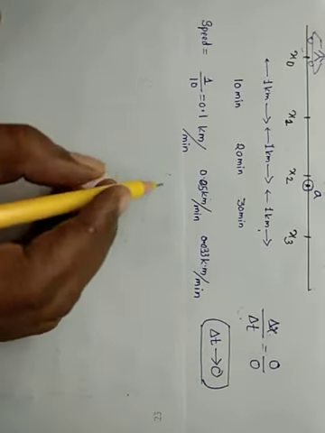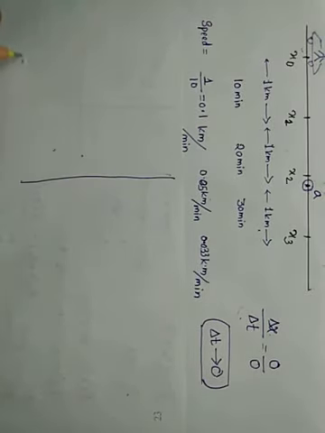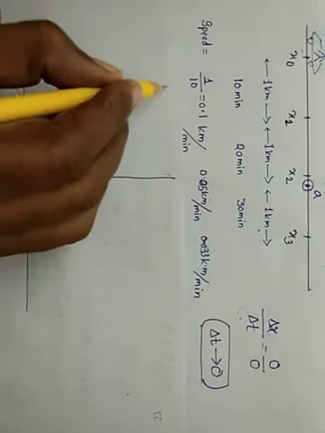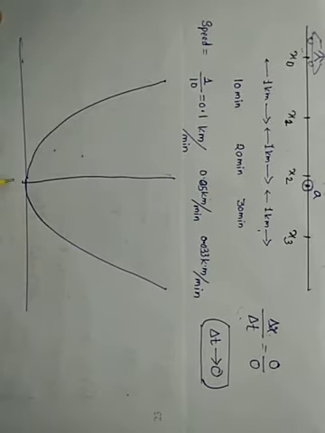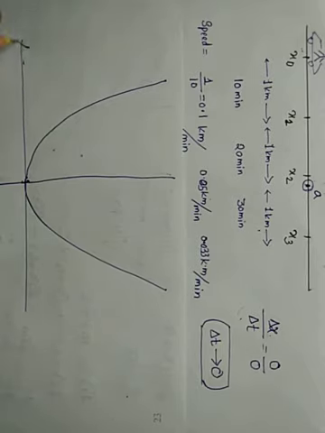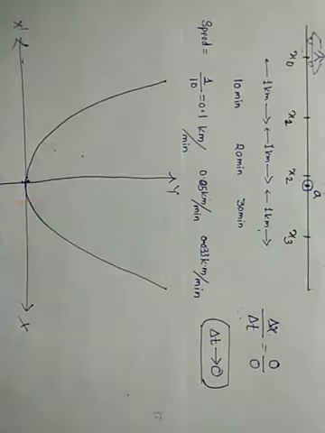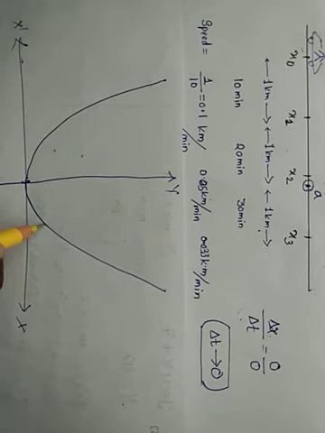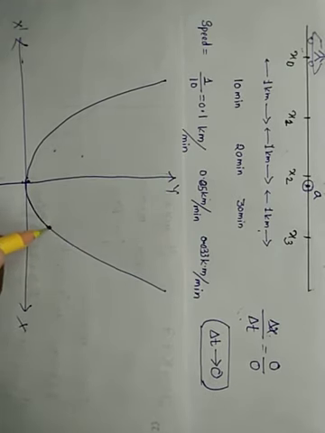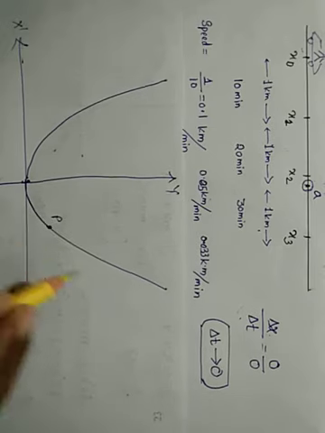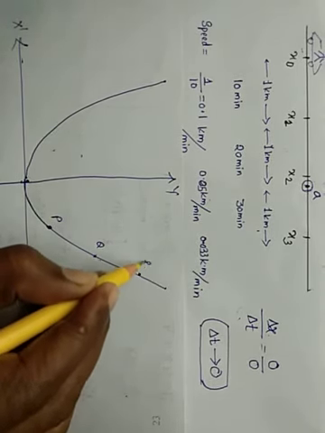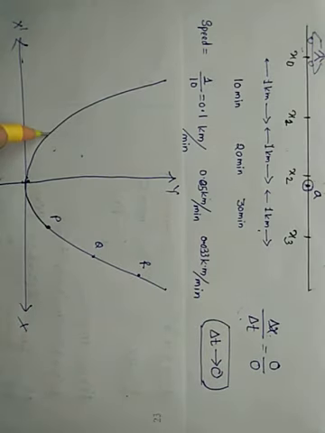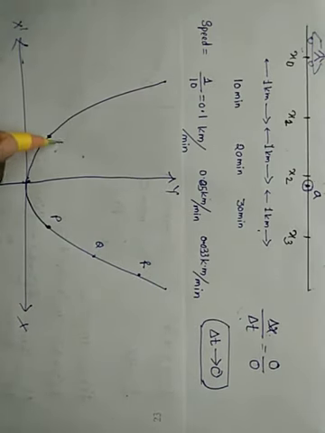Children, suppose this is a parabola. Then at different points on this parabola, suppose this is point P I am taking, this one is point Q, and point R. Here I am taking P dash.